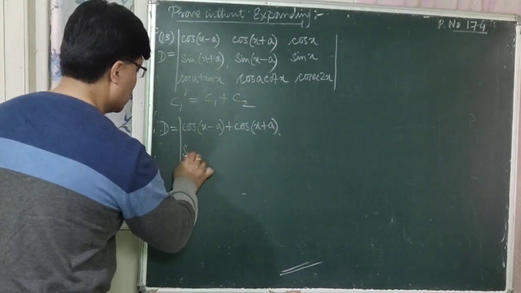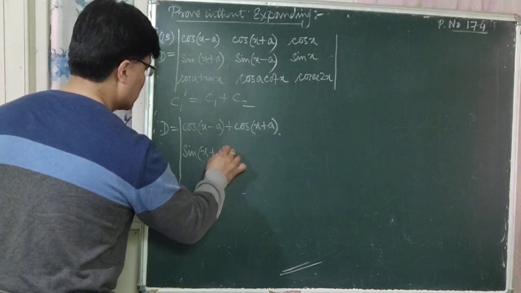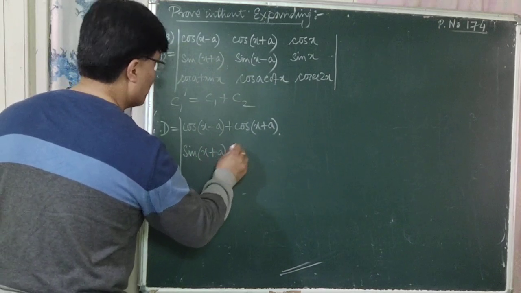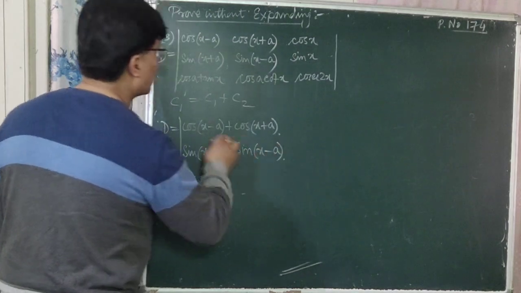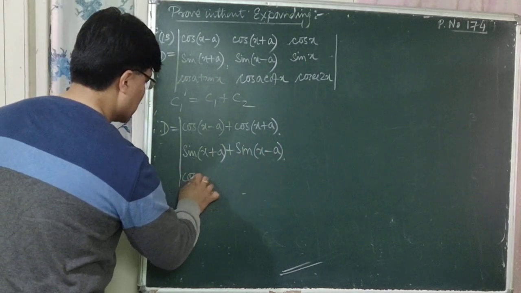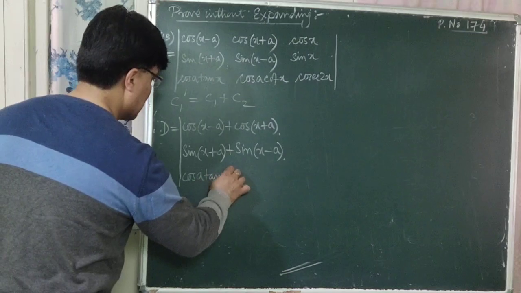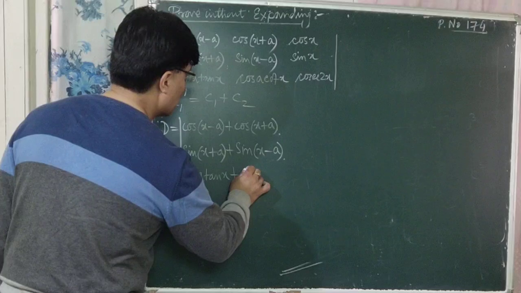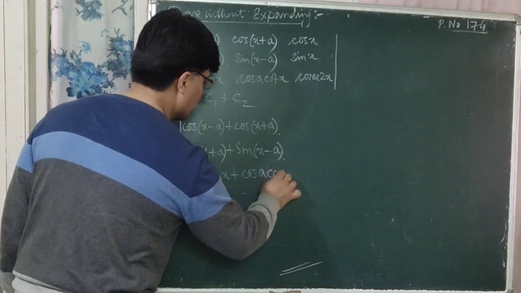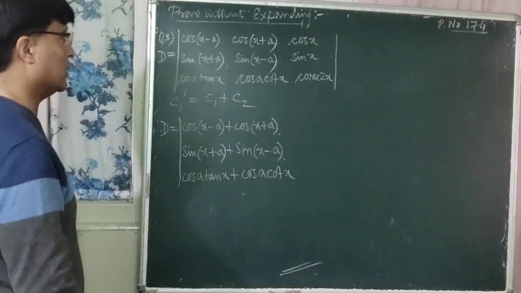Then next, sin of x plus a plus sin of x minus a. Then cos a tan x plus cos a cot x.